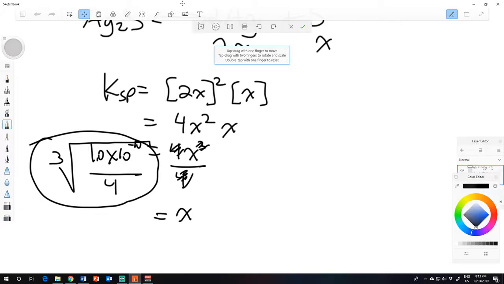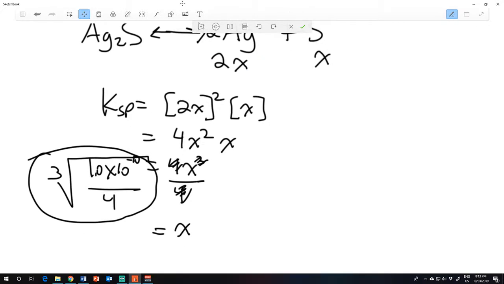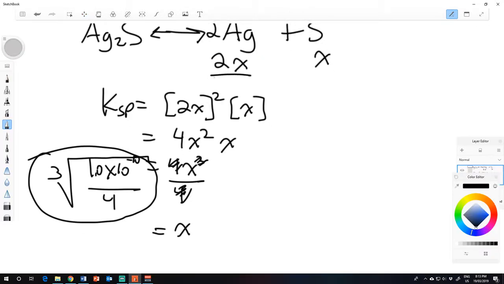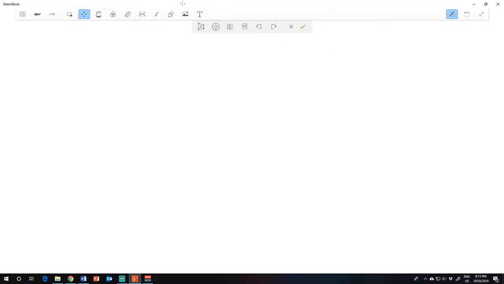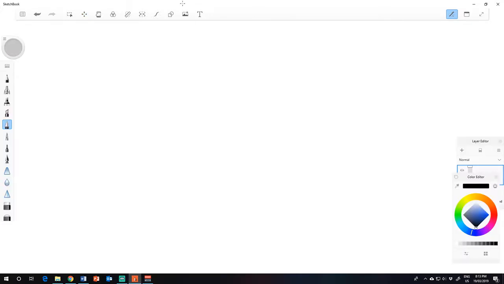If you have salts that have this kind of behavior, you can even get really crazy. I don't think there's anything in your textbook that has anything super crazy.